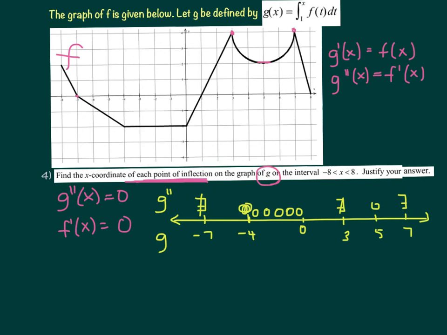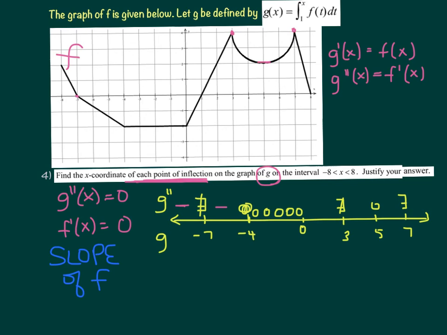So remember, we're talking about the slope. This is the slope of f. And so what would I say about the slope of f between -8 and -7? I would say it's decreasing, so it's negative. Again, between -7 and -4, negative. Then it zeroes out for a while.